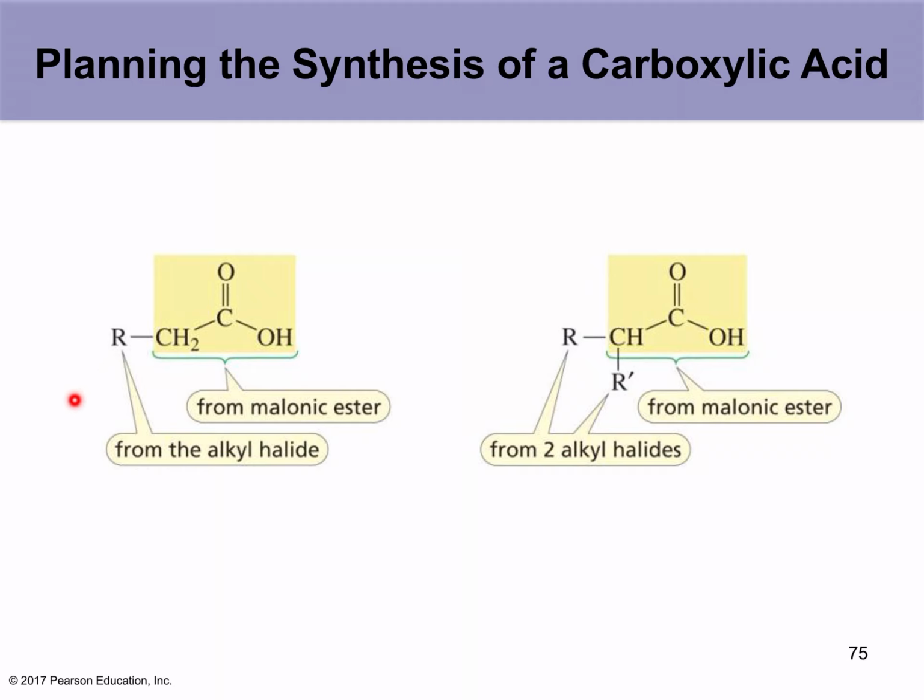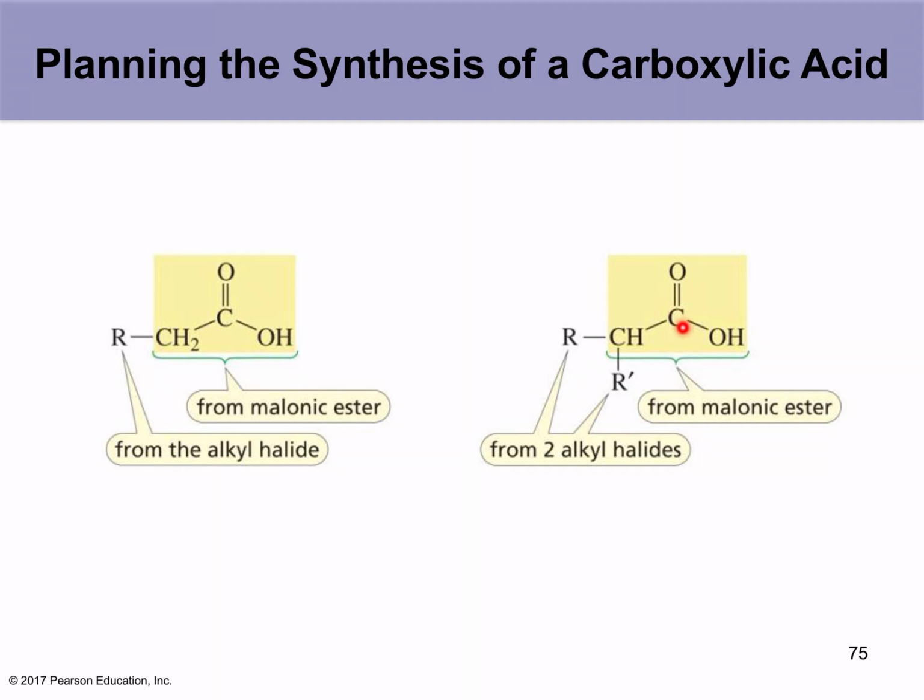And then we know this part we can get from the malonic ester, because at the very end, when you hydrolyze and you heat it up, it will become acid and undergo decarboxylation, and at the end you're going to be getting this part, and the alkyl group can come from the alkyl halide.